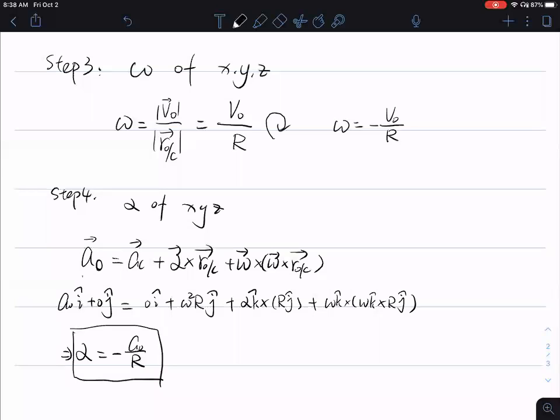Can we have just taken omega dot, which would be v_O dot over the radius, which is a constant, which then is a_O over R? Interesting. Yeah, never thought about that. Right, angular acceleration should just be omega dot. So if we already have the expression for omega, and we take the derivative, omega dot can be negative v_O dot over R. v_O dot is A_O.